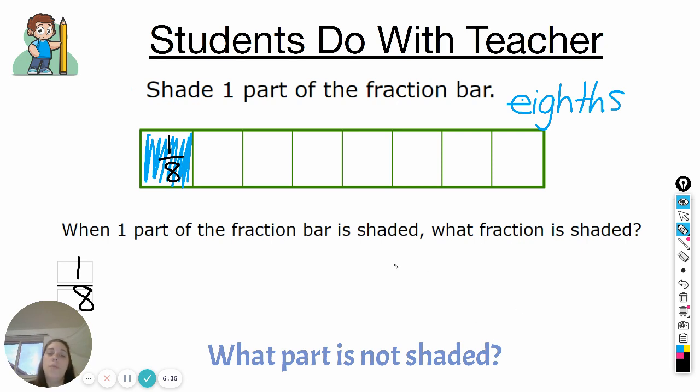Okay, so let's count what part is not shaded. 1, 2, 3, 4, 5, 6, 7 of the pieces are not shaded. And we know that there's 8 pieces altogether because we broke our fraction strip into 8 pieces. So that means that 7 out of the 8 pieces are not shaded, or 7/8. And go ahead and say that fraction with me, 7/8.